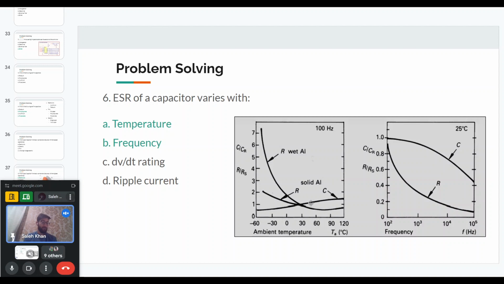Similarly, it will be the case with film and ceramic. They will have different variations, but in general, the ESR will vary with temperature and it will also vary with the frequency. The ESR itself will vary with the frequency, and then the impedance, of course, will vary with the frequency as well. But the dV/dt rating and ripple current will not necessarily provide any variation in the ESR.